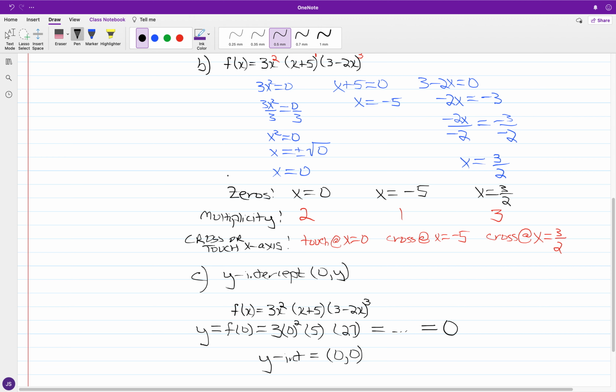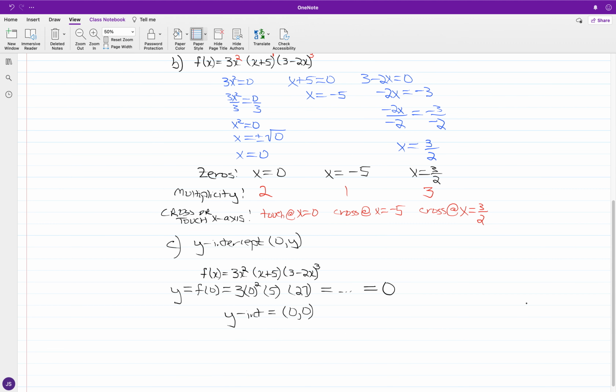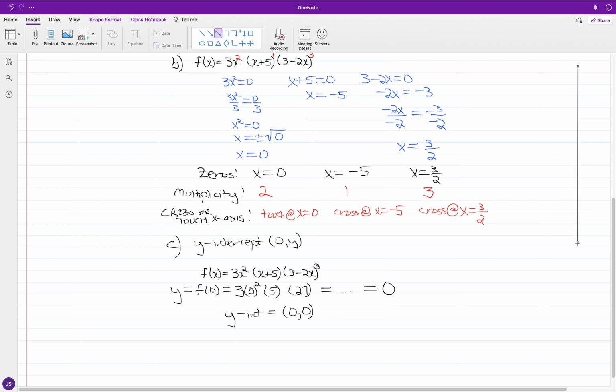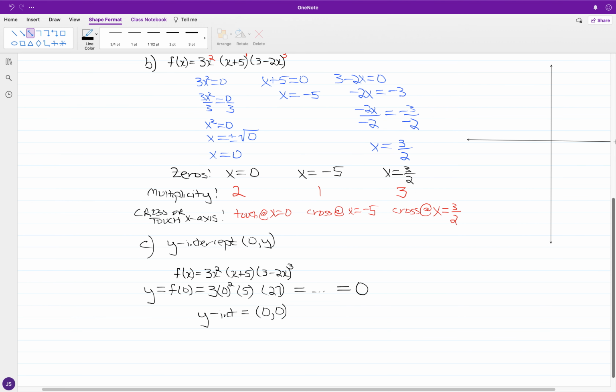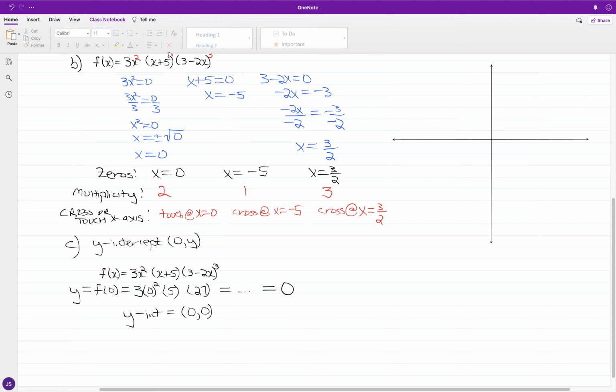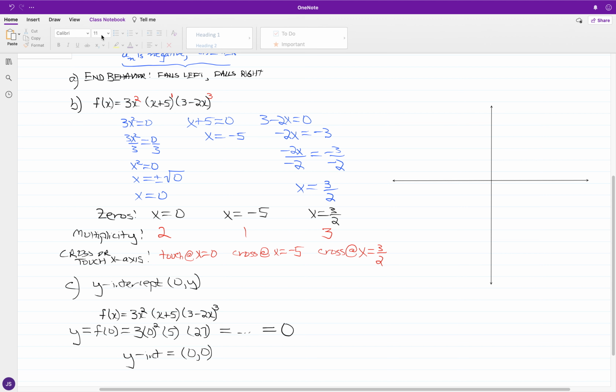And in terms of just sketching, again, with our zeros, you have 0, -5, and 3/2.